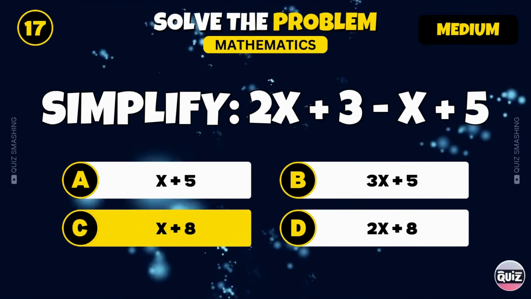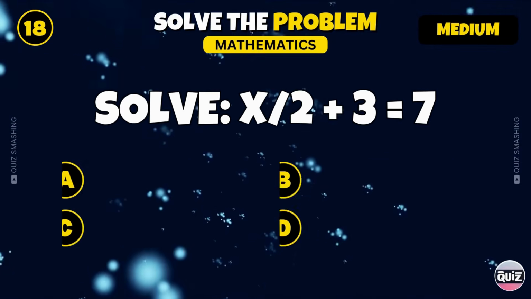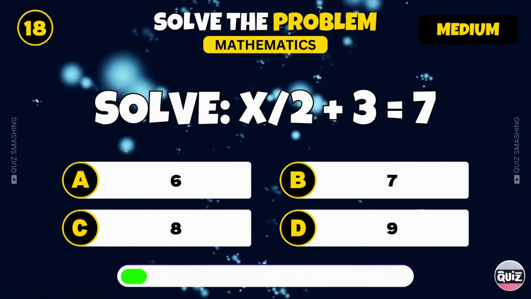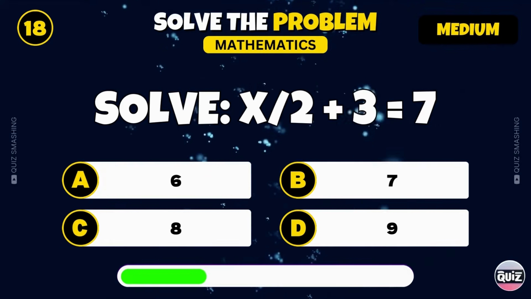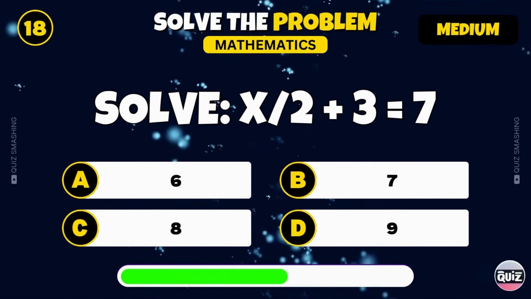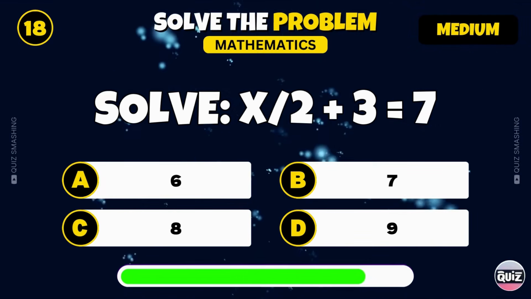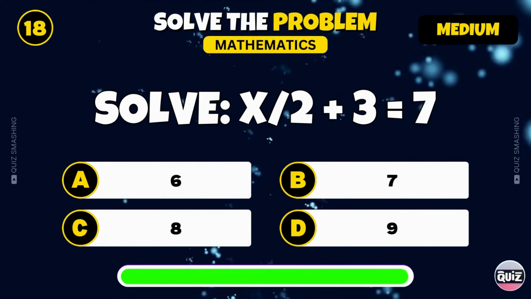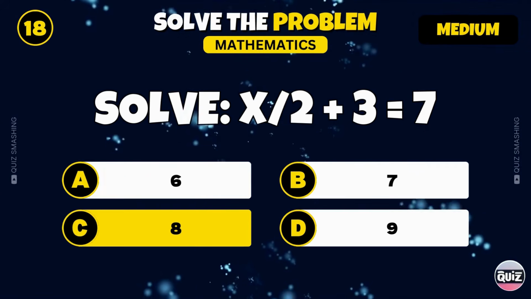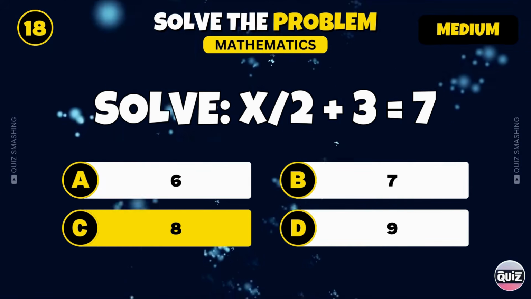Yes, it simplifies to x plus 8. Solve x divided by 2 plus 3 equals 7. That's right, x equals 8.